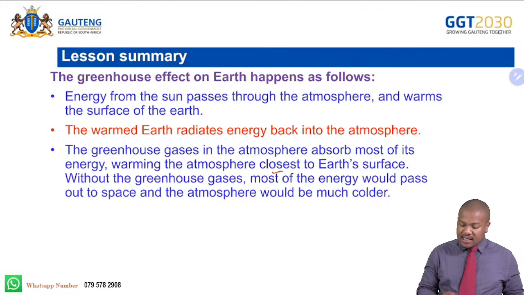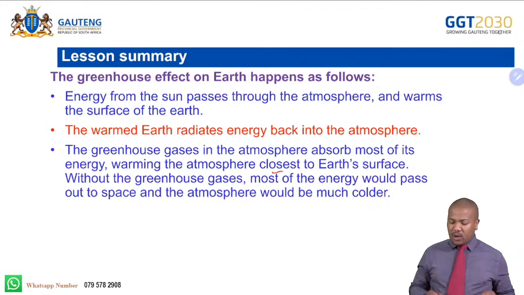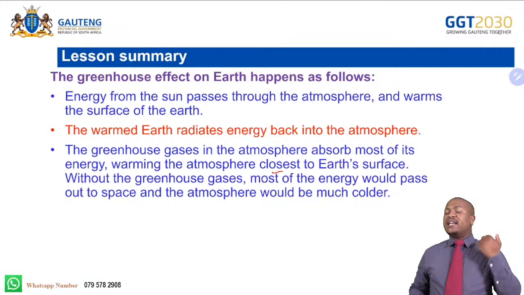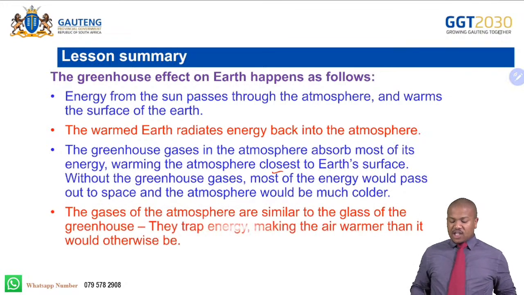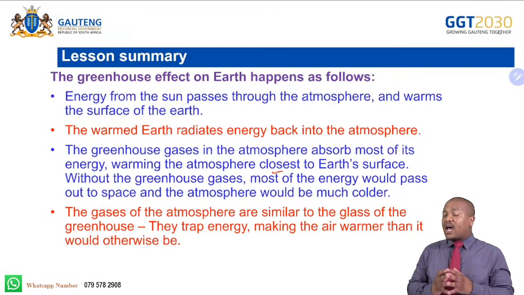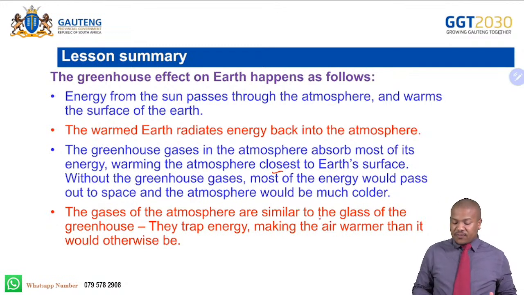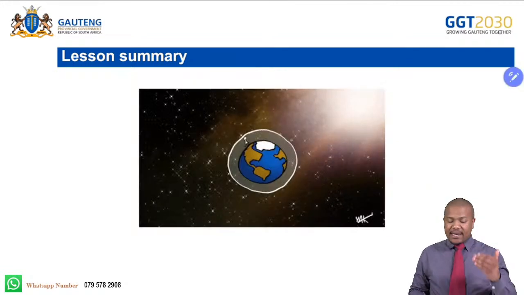The Earth's surface. And remember that without these greenhouse gases, most of the energy would just pass out to space and the atmosphere would be much colder. So we said that the gases of the atmosphere are similar to the gas of the greenhouse because they trap energy, making the air warmer than it would otherwise be.